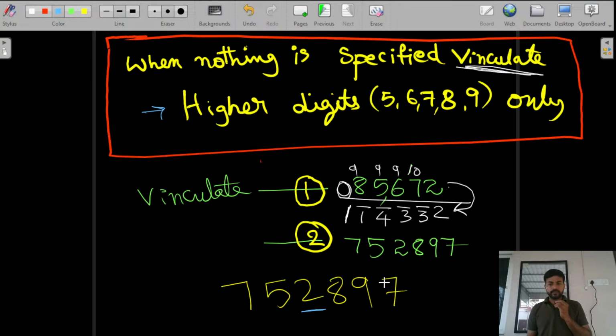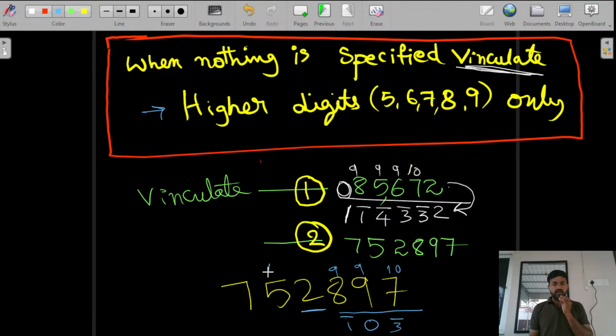So you have to apply the all from 9, last from 10 concept on higher digits only when nothing is specified. So you can apply on 7 till 2, all from 9, last from 10. 10 minus 7 bar 3, 9 minus 9 is 0, 9 minus 8 bar 1. Here you cannot continue all from 9, last from 10 because you need not vinculate 2, since 2 is already a lower digit. So you have to restart from here.